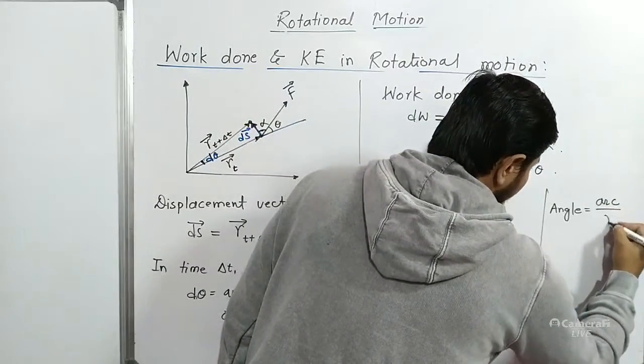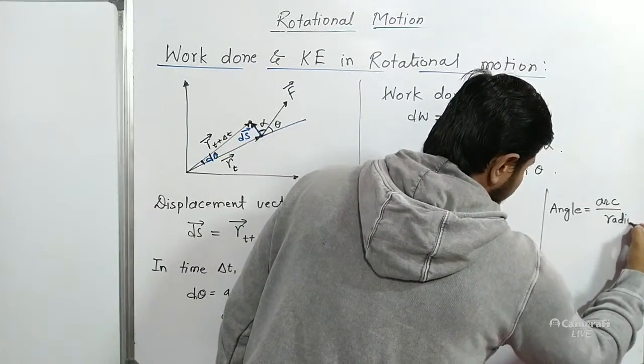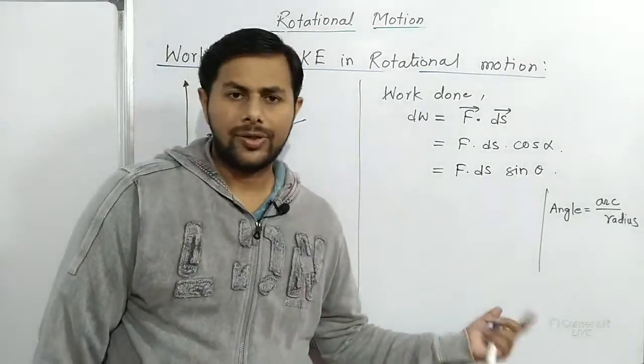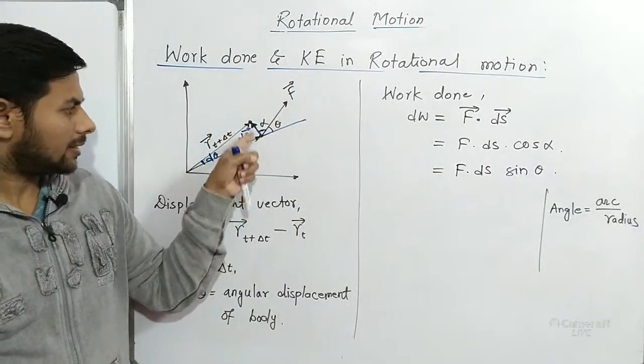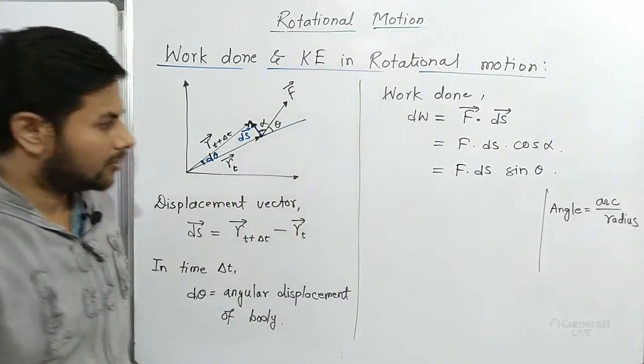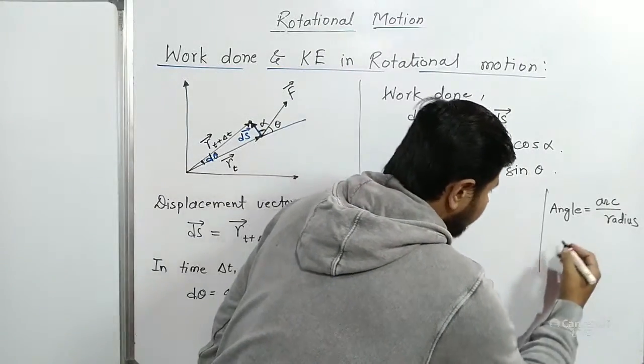So this angle d theta can be written as the arc length ds divided by radius r, the radius at time t.